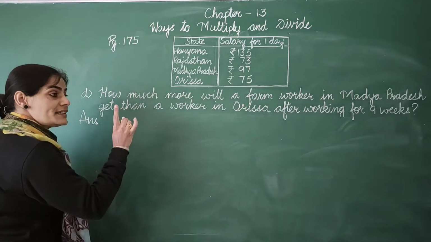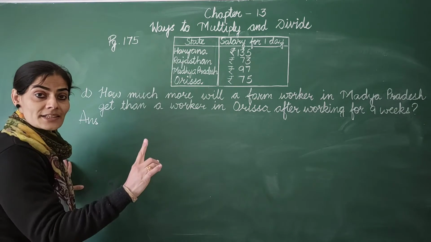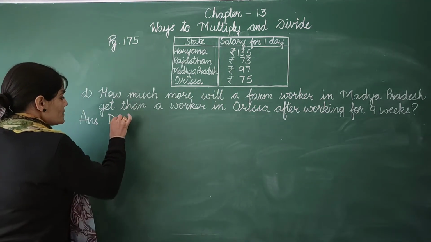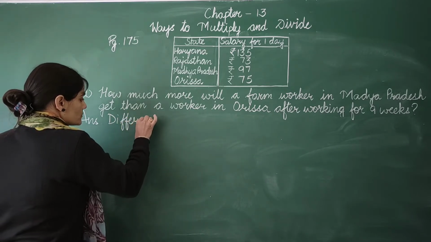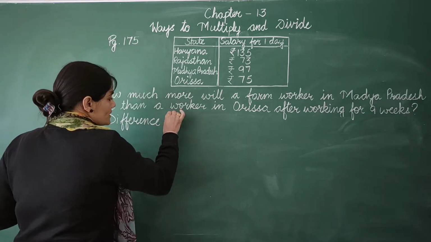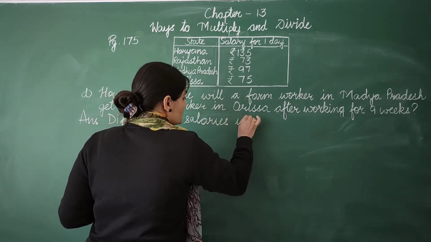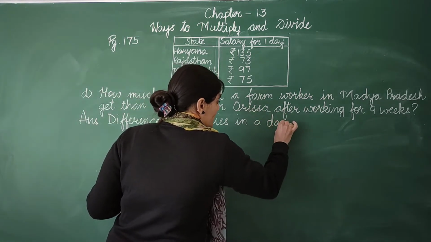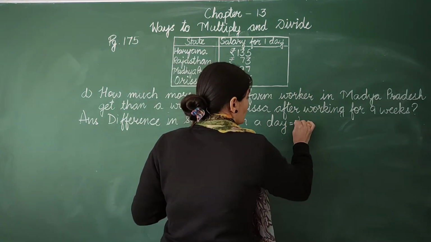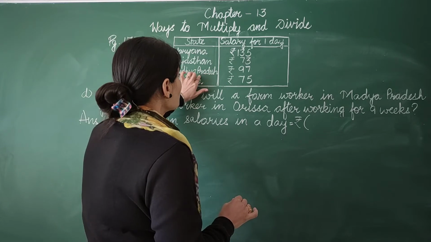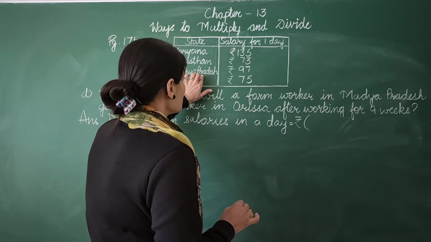We are finding the difference in the salaries for 1 day in the very beginning. So difference in salaries in a day. It will be, now beta, you need to see what is the salary of 1 day of a farm worker in Madhya Pradesh.